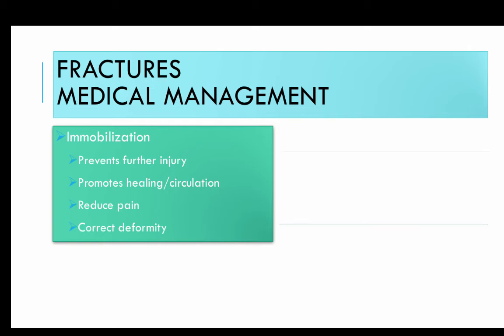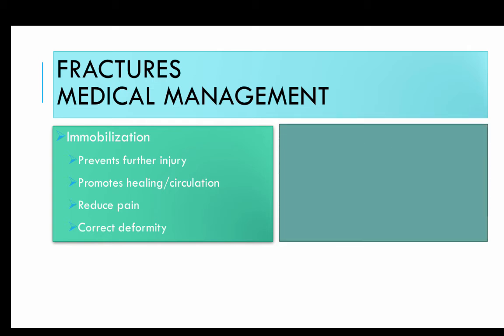The types of immobilizers include casts, which we're most familiar with, and they can be plaster or fiberglass, splints and other immobilizers. Traction is a type of immobilizer. External fixation, and I'll show you pictures of external fixation and also internal fixation. What they call a reduction, where they're putting the bones back in alignment.